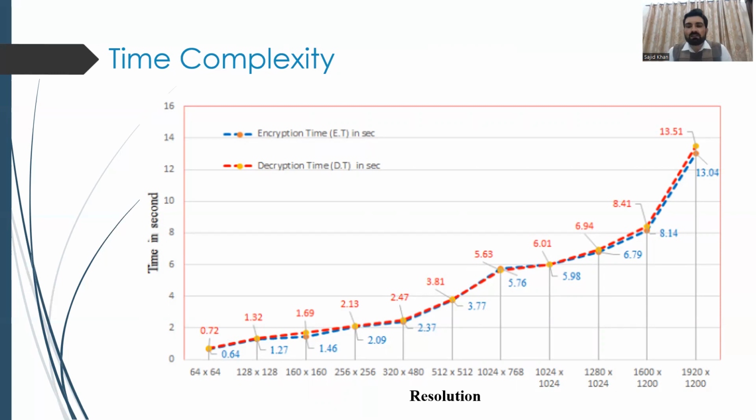For higher resolution like 1920 into 1200, the encryption time is high. It's obvious that the higher the resolution, the more time it takes, and this shows the time complexity of our algorithm.